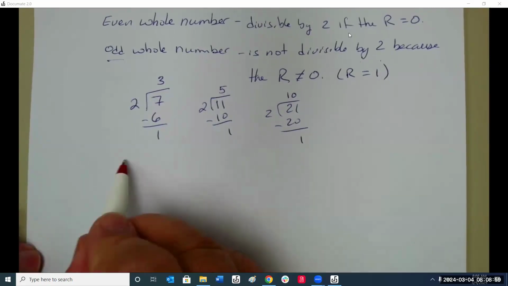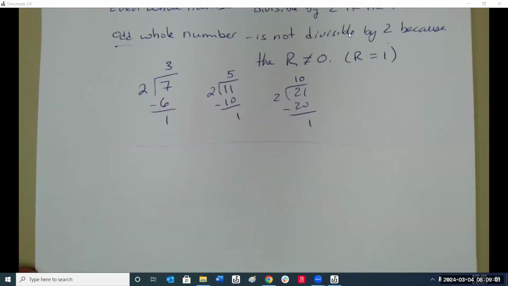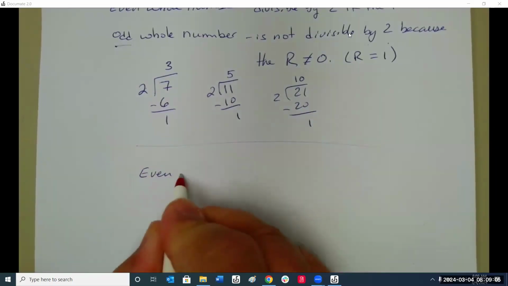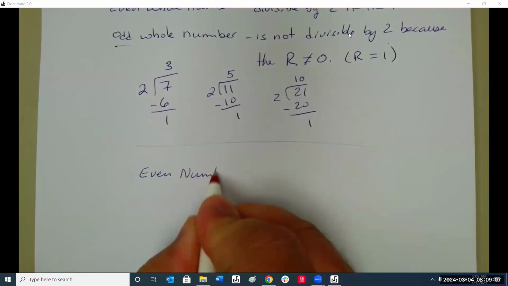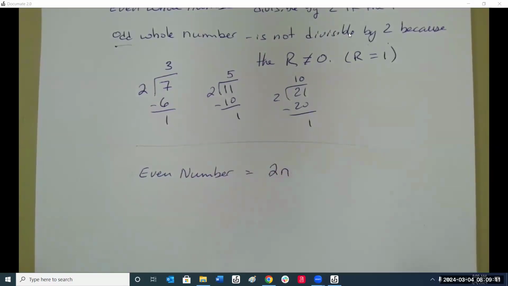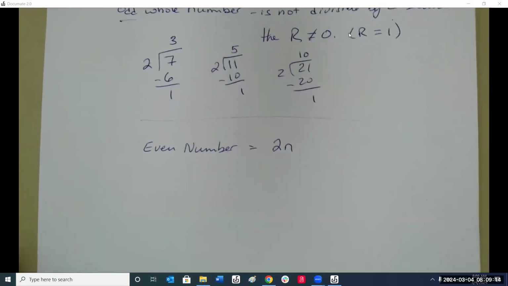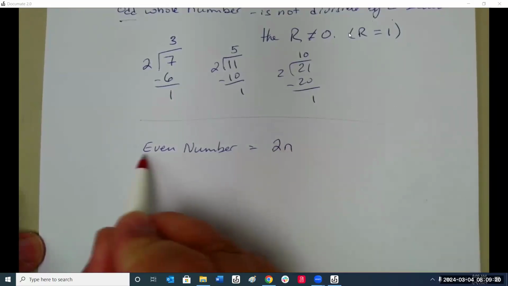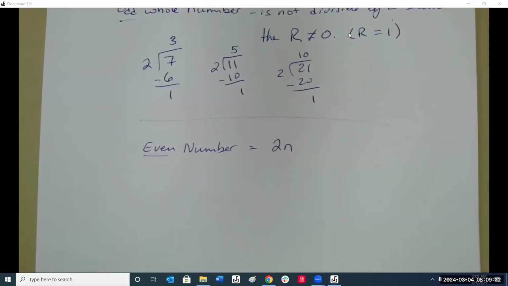So this is how you would define odd and even numbers. An even number can be represented like this: 2n, where n is any number. Any number you give me, if I multiply it by 2, will give me an even number. Any number times 2.